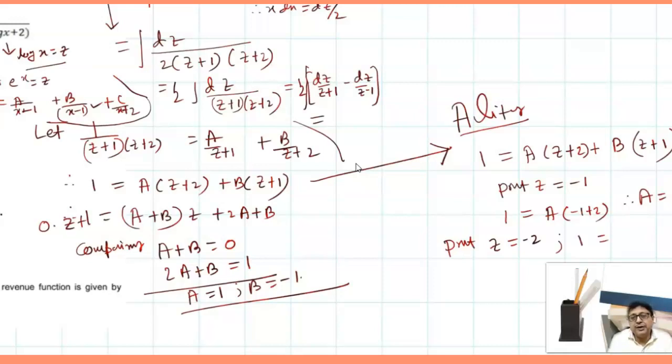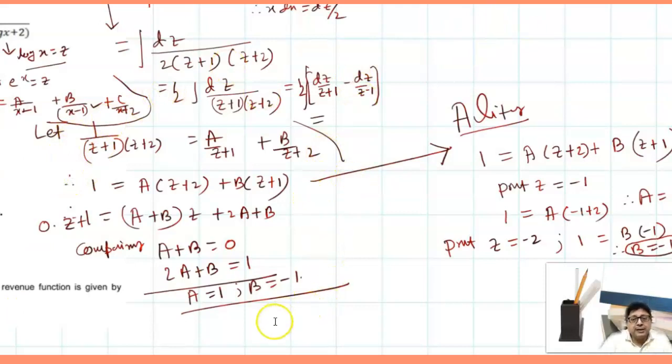Then 1 will be equal to, this part is 0, b into minus 1. So b is minus 1. So same value we got. After this step, same method of integrating this thing. A by z plus 1, b by z plus 2, put a and b and then integrate. This method is common. Okay?